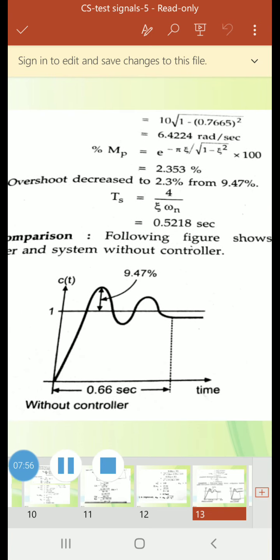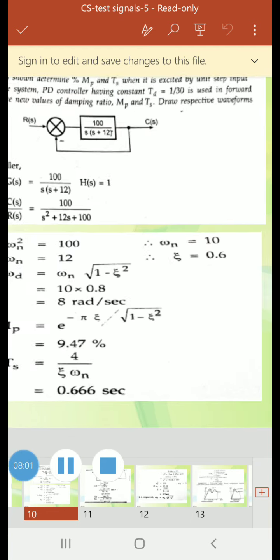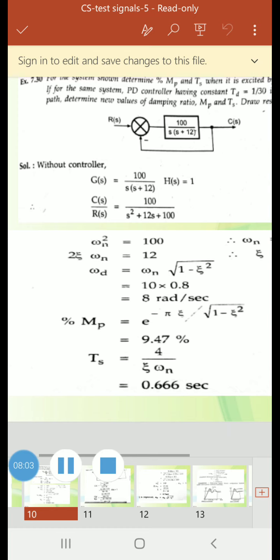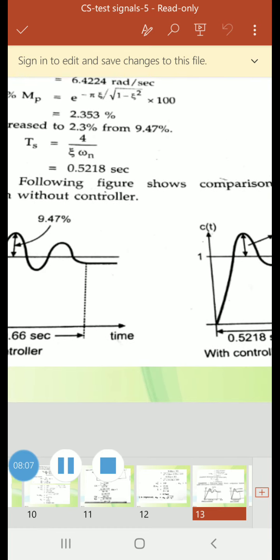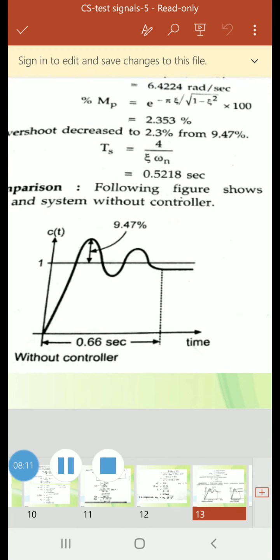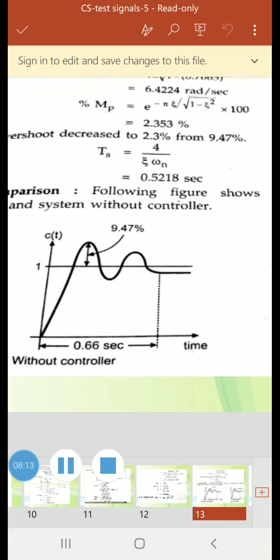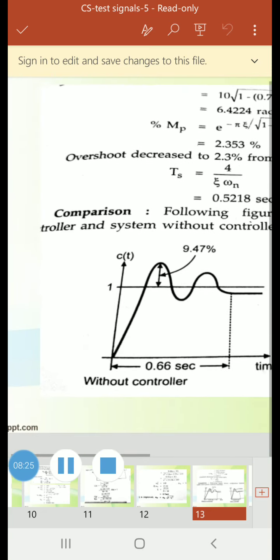In the previous case MP was 9.47%, but now with controller MP is 2.3%. So Ts is equal to 4 divided by damping ratio into omega n, which is equal to 0.5218 seconds.